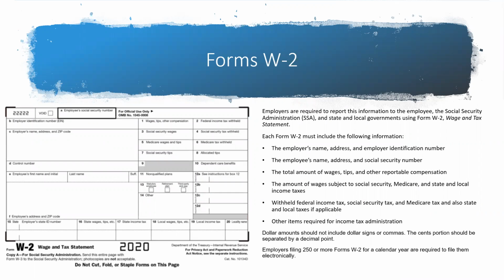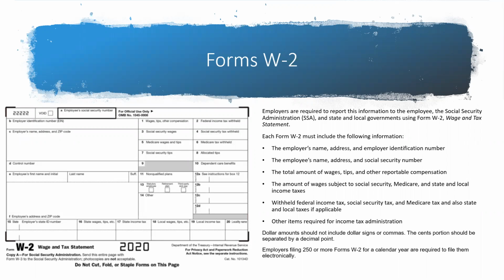So W-2s go hand in hand with Forms 941. Like I say, at the end of the year, your Forms 941 better match your Forms W-2, or you will receive a notice. I guarantee it, from the SSA or the IRS, or both, perhaps. Forms W-2 must be given to each employee that worked throughout the year for each company. They must include the employer's name, address, and EIN.